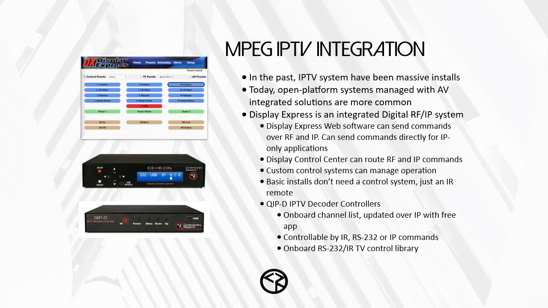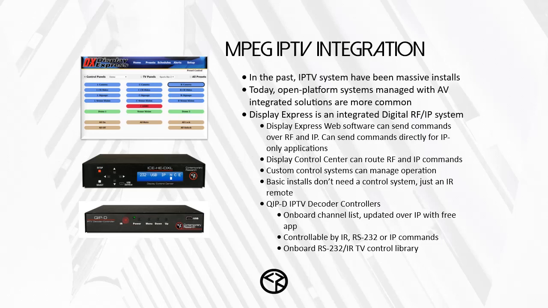For us, we look at Display Express being an integrated RF and IP system. We can do both at the same time, IP only, RF only. It doesn't really matter to us. The Display Express software can actually send the commands directly over the network itself. So if you have a system that's strictly IP based, all you need is a PC that's running the software.